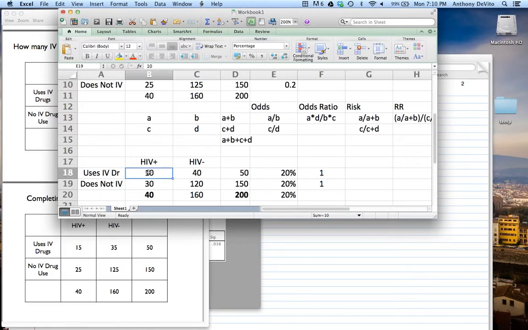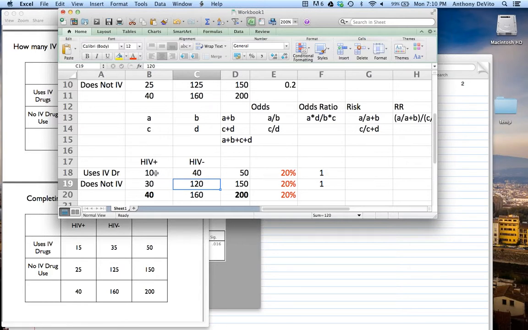The odds of actually getting these numbers when I really go and sample the population are awfully low, even if this were true. Even if these numbers were absolutely true, the odds of me getting exactly 10 and 40 and 30 and 120 are going to be relatively rare.